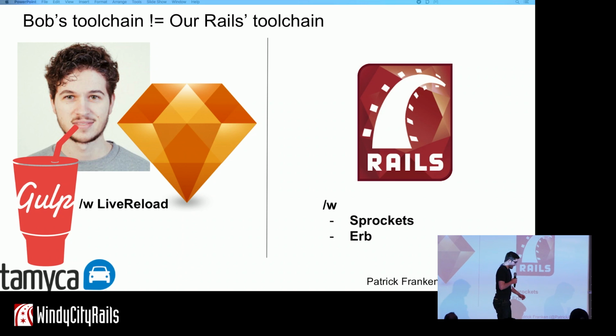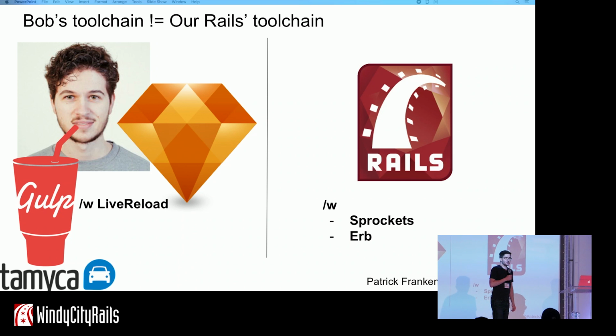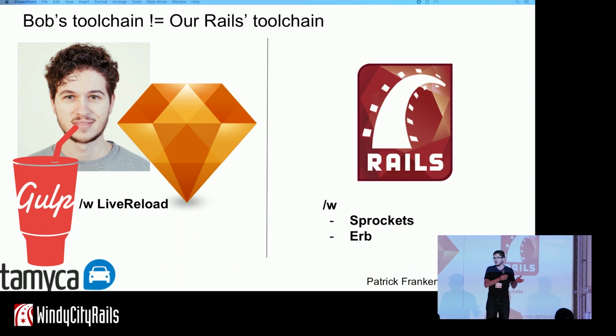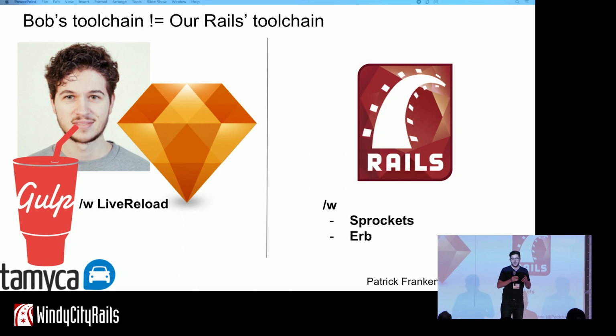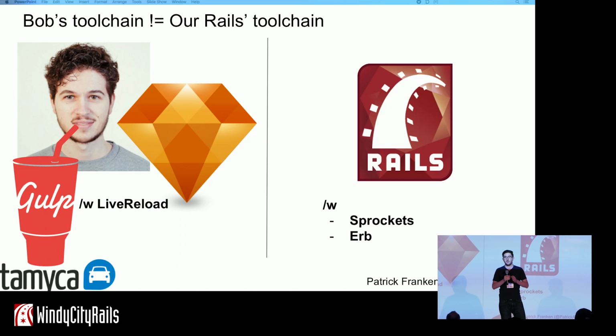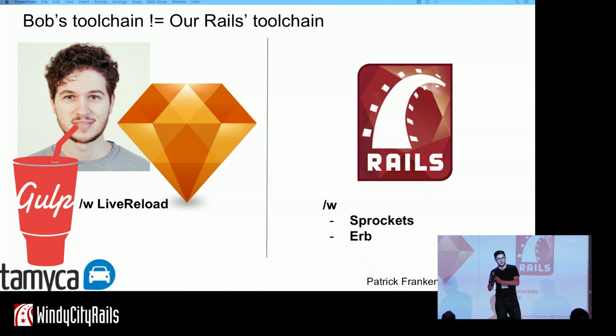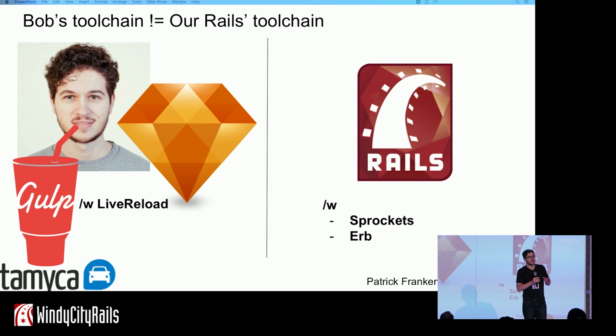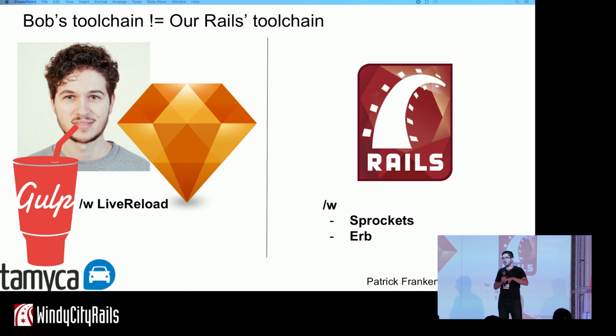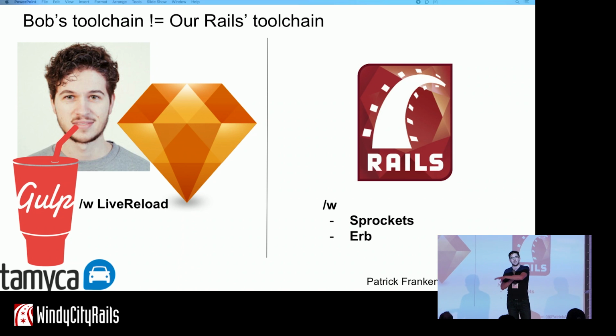And the way Bob uses Gulp is really interesting, because you may have seen this from other designers. They use some kind of trial and error. They have their page open in the browser and the source code open in the editor with live reload. So they save the file and it immediately updates in the browser.